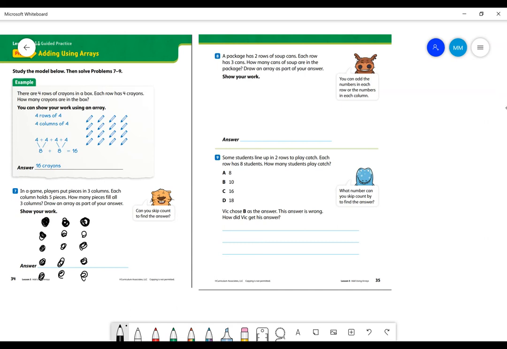So we have 3 columns. So I'm going to put a box around each column. And there's 5 in each column. So what repeated addition equation would I have? There's 5 in each column, and there's 3 columns. What would be my repeated addition fact? I know I'm going to have 3 parts. What will be each part? 5, right? So I would have 5 plus 5 plus 5.